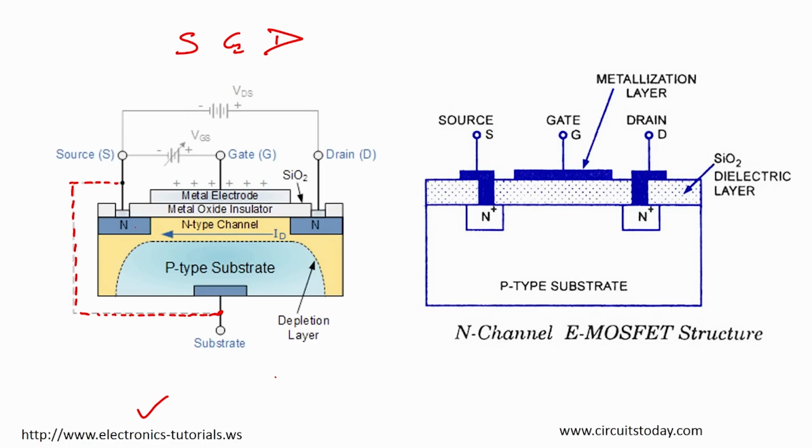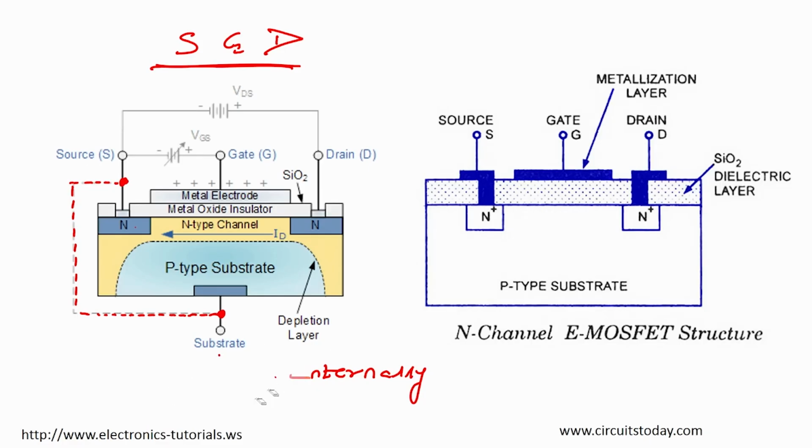So, why is there no 4th terminal? Because the substrate is internally connected to the source. My substrate is internally connected to my source. That is why you will find that there are only 3 terminals in most of the MOSFET ICs that you can get from the market. Alright, very easy, super easy, right.